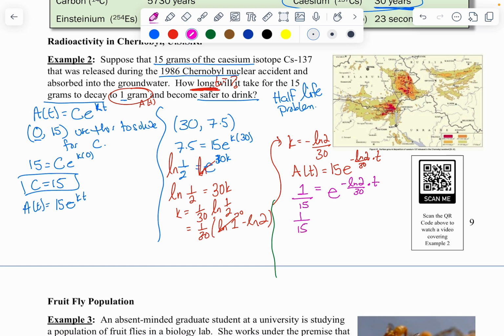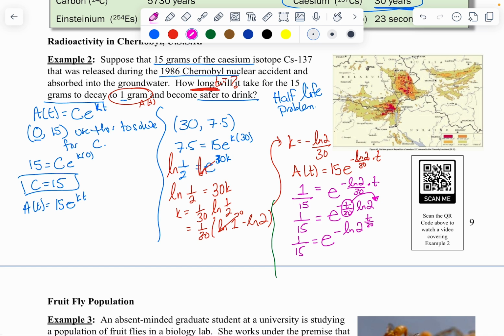But if we had 1 over 15 is equal to e, and then we got the t over 30 negative of ln of 2, because this is in front, we can rewrite that as 1 over 15 equals e to the negative ln of 2 raised to the t over 30.